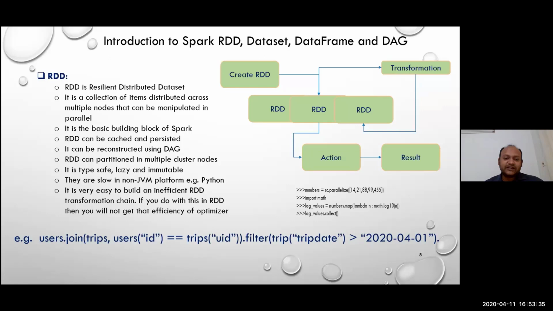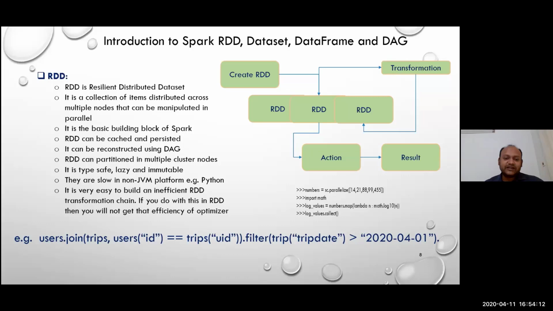When you ask for an output or try to save output in a particular file, only at that moment does Spark start looking at all of your commands, optimize the way it should run, and then give you the results. So whatever transformation we are doing on top of one RDD or distributed dataset is not executed until you ask for an output operation. That's why it's called lazy.